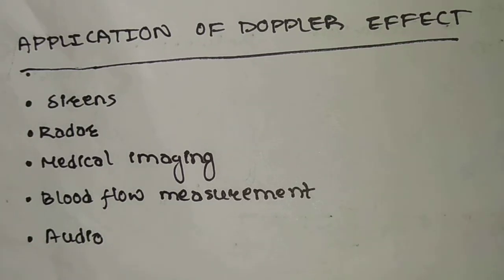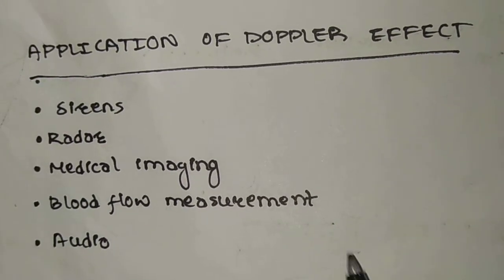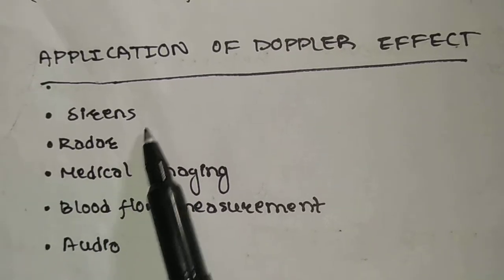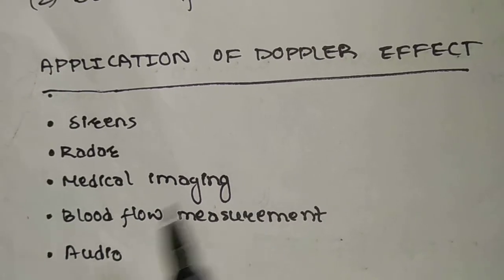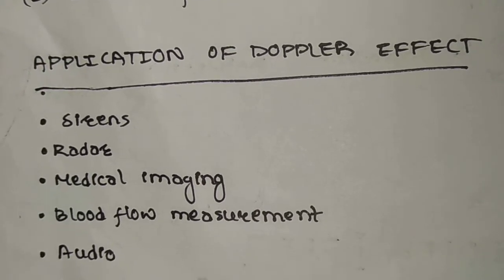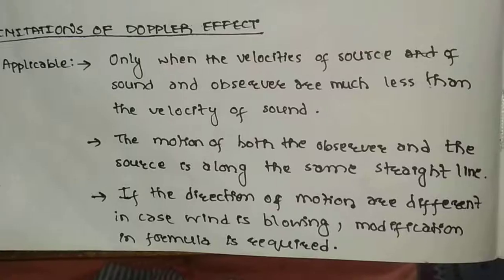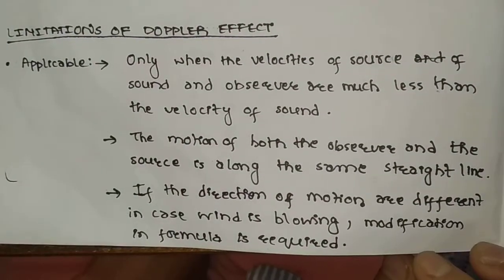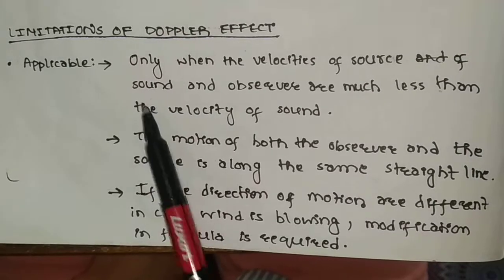Now moving on to the application part. The Doppler effect is mostly applicable in sirens, radar, medical imaging, blood flow measurement, audio, and so on. Here we are discussing only this much. Since everything has its limitations, the Doppler effect also has some limitations.